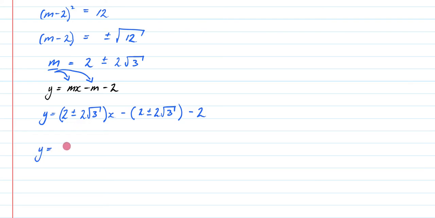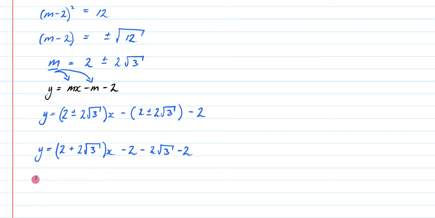So I'm going to get y equals 2 positive 2 the square root of 3. Don't forget your brackets, x. Then I'm going to get minus 2 plus, which will become negative if it's a plus, 2 the square root of 3 minus 2.